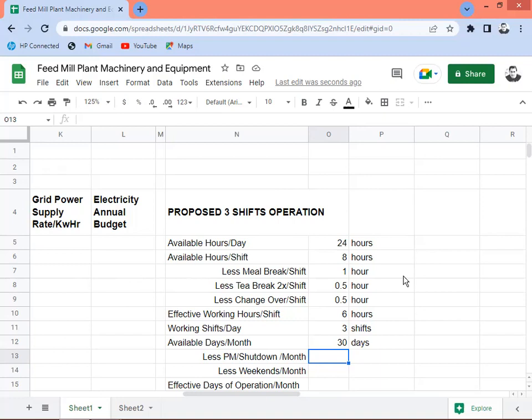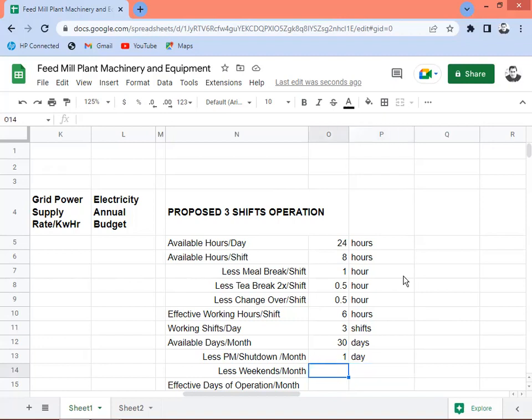And also cleaning. We're going to clean the plant and all the machines. So that would be 1 day in one month only. This is the job of the engineering or maintenance department. They only have 1 day shutdown in 1 month.